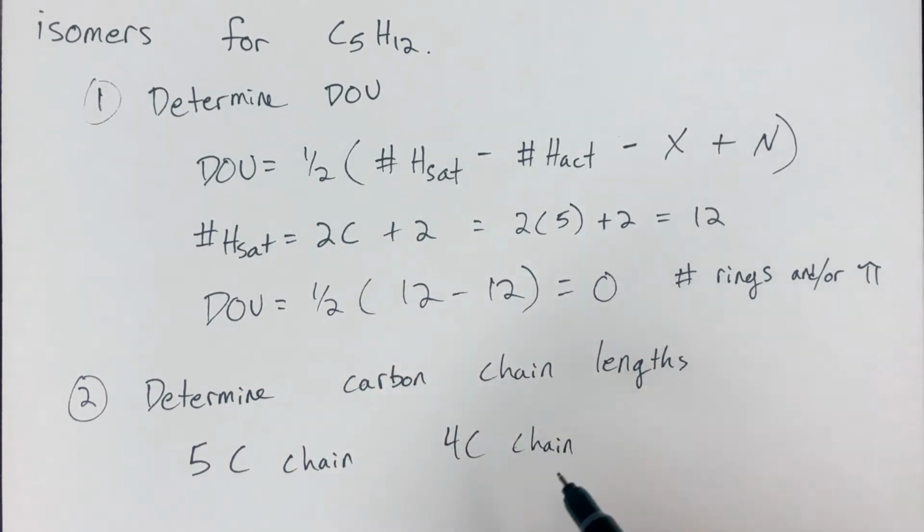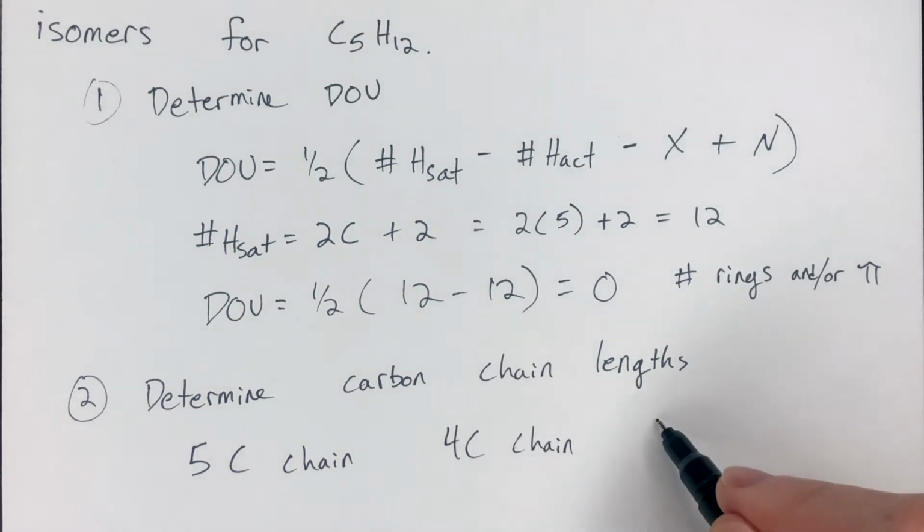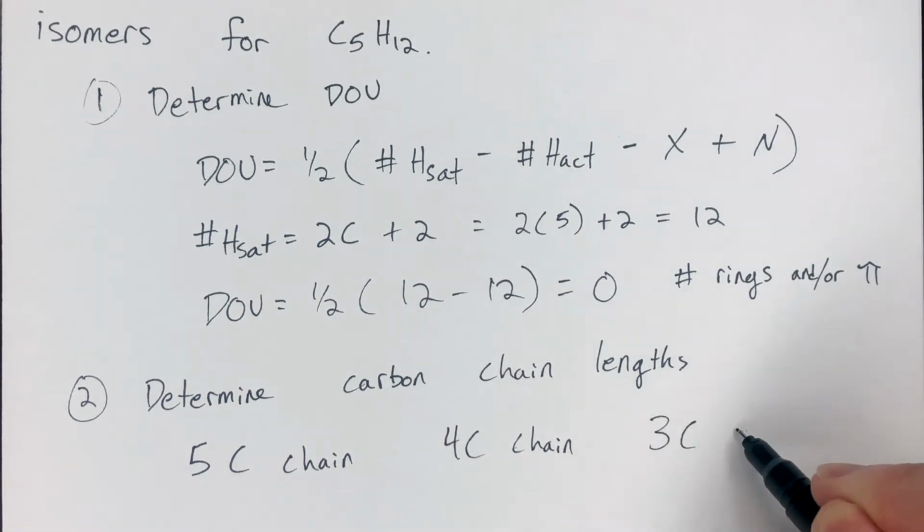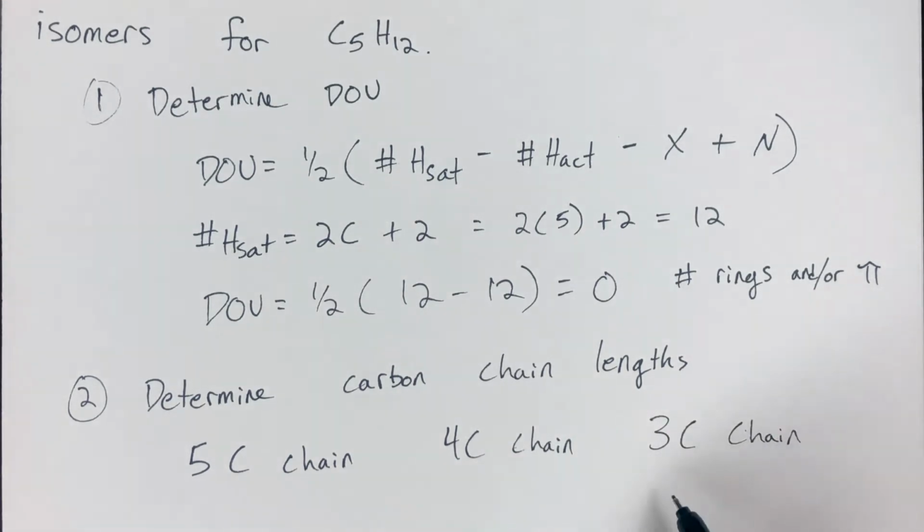This is going to have a 1 carbon substituent. We could have a 3 carbon chain, and that will have a 2 carbon substituent, or 2 substituents with 1 carbon each. Now, you can't really have a 2 carbon chain, but we'll look at that because it's going to coalesce with what the others are when you check if they're structural isomers or not.